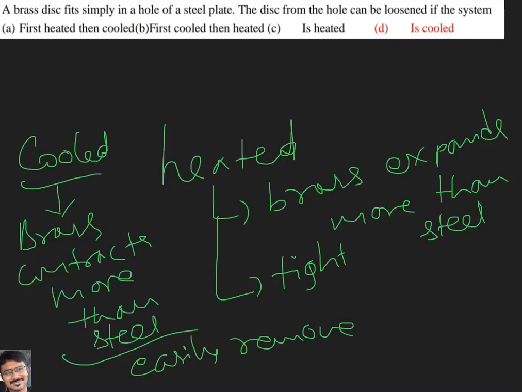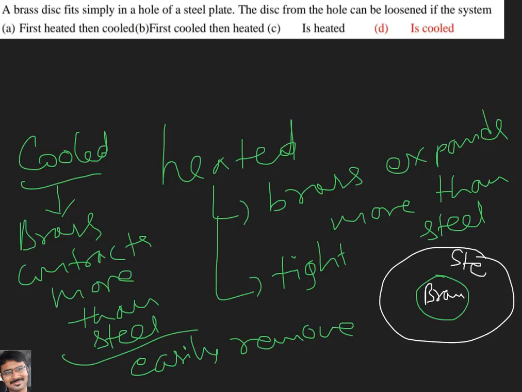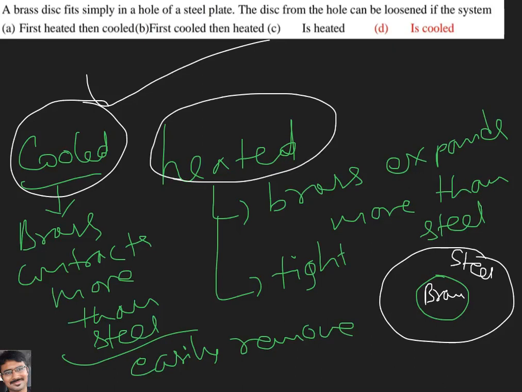Why? Because brass lies inside the steel. The inner one is brass and the outer one is steel. So it has to be cooled to remove brass from the steel plate. If heated, we can never remove it. It will fit more tightly inside. So our answer is, by cooling we can remove the brass.